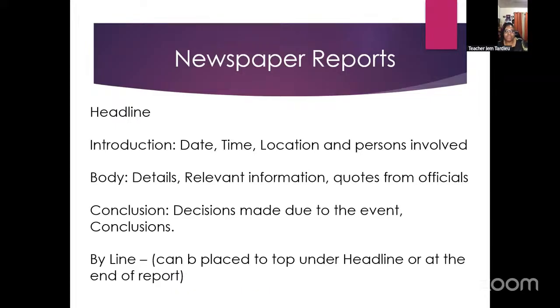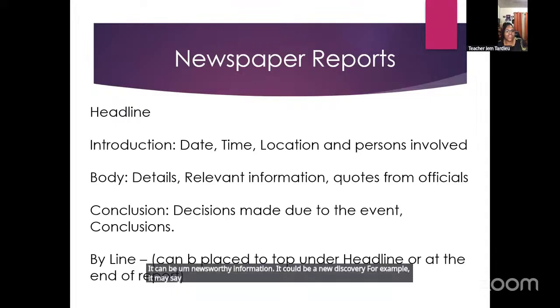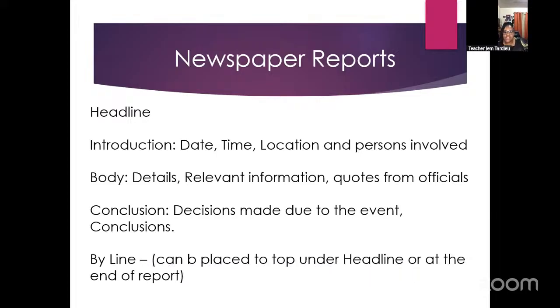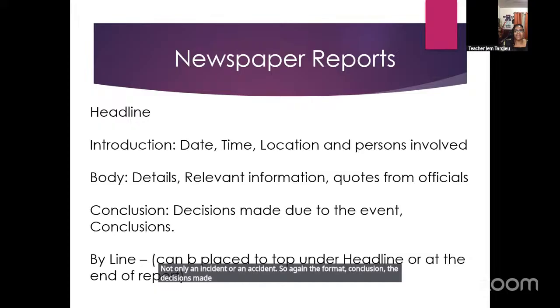For example, they may say Jamaica strikes oil, and they may name a county or a parish that they may have found. So a newspaper report can fall under a variety of things, not only an incident or an accident. So again, the format: conclusion, the decisions made relating to the event, and of course, a byline.